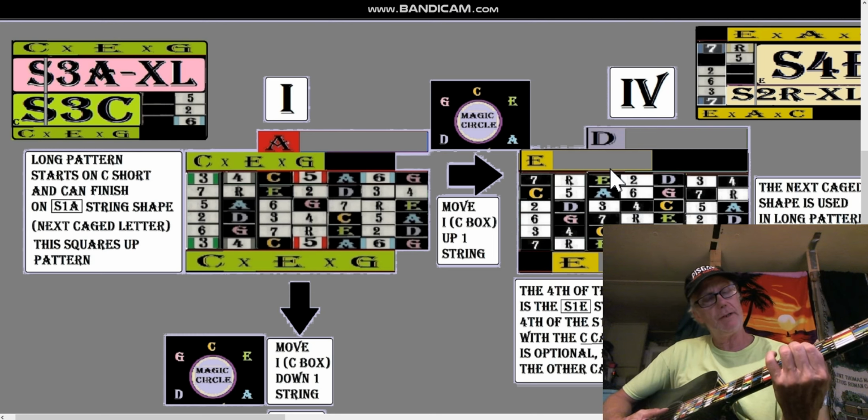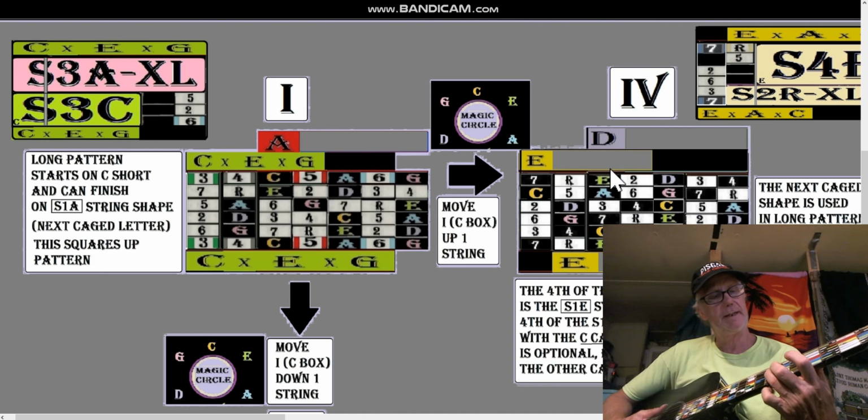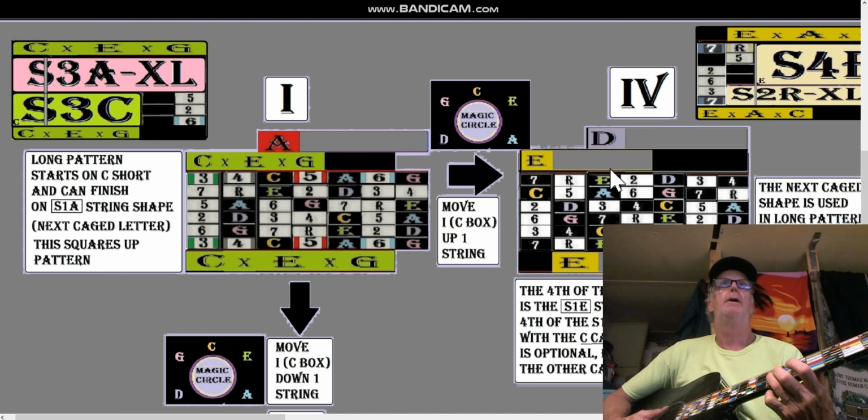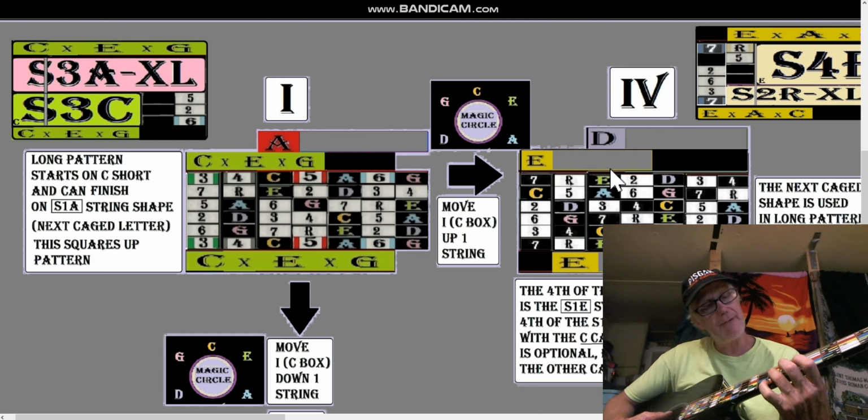So string shapes wouldn't be bad for a three string. We start with the C, fifth of C is G, fifth of G is D. Like that. Now, from there, we're going to go to S3AXL. We don't have to.